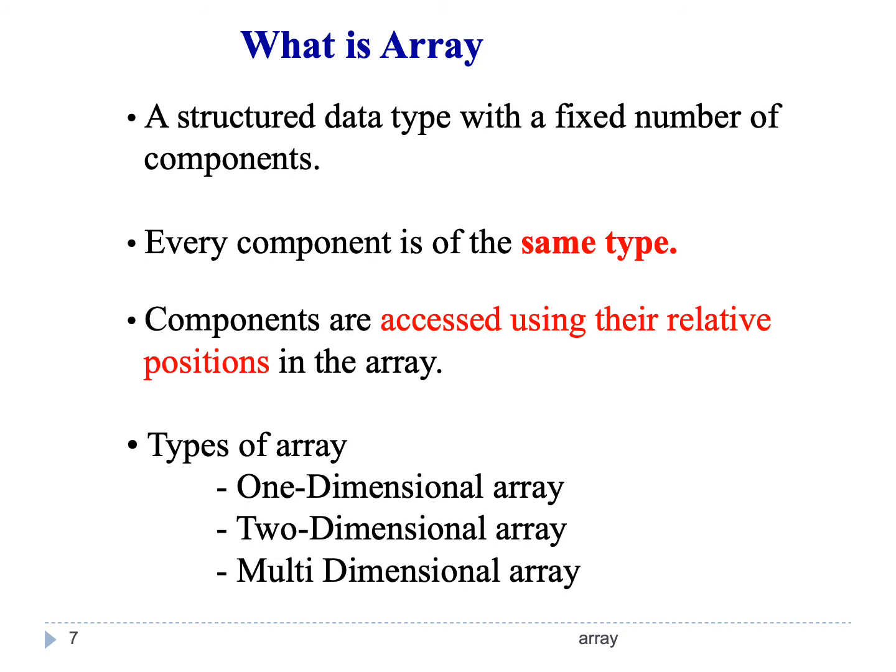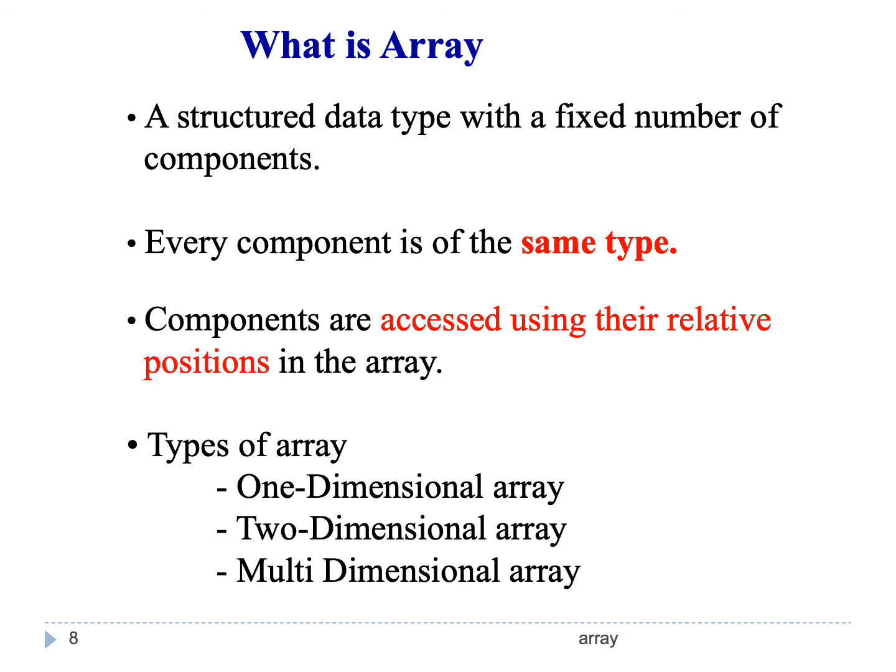There are 3 types of array. The first one is one-dimensional array, then two-dimensional array, and also multi-dimensional array. In one-dimensional array, you can think of it as having a table with one row and several columns, or the other way around, one column with several rows.